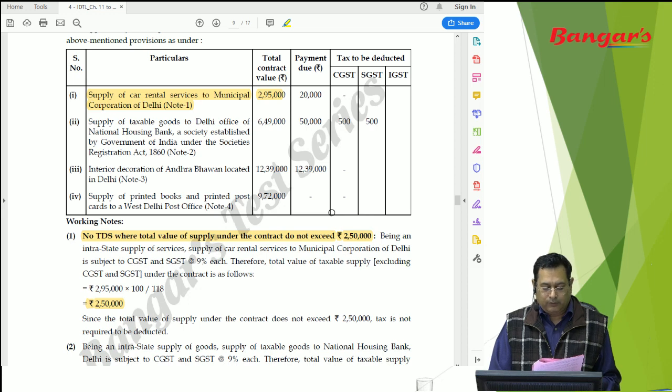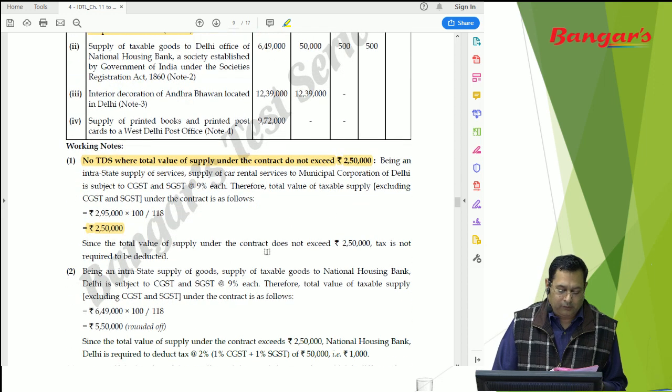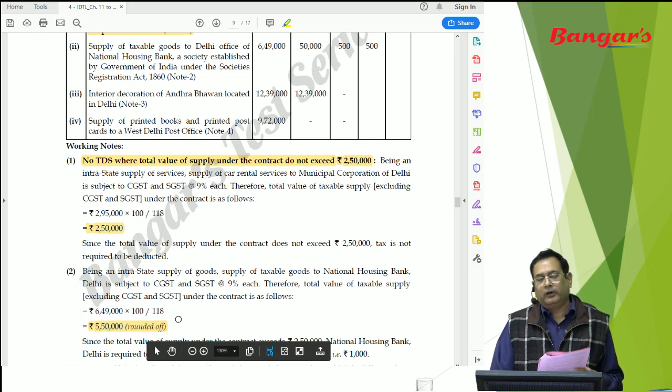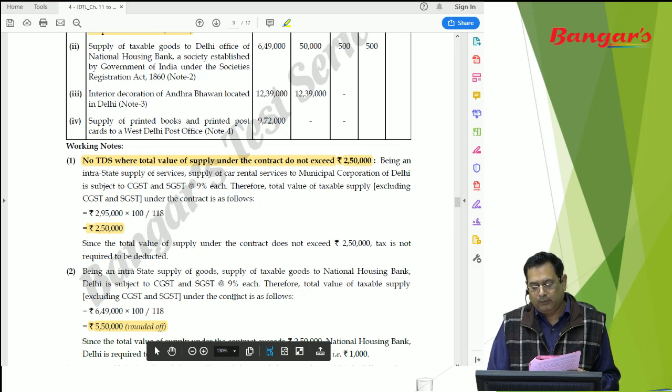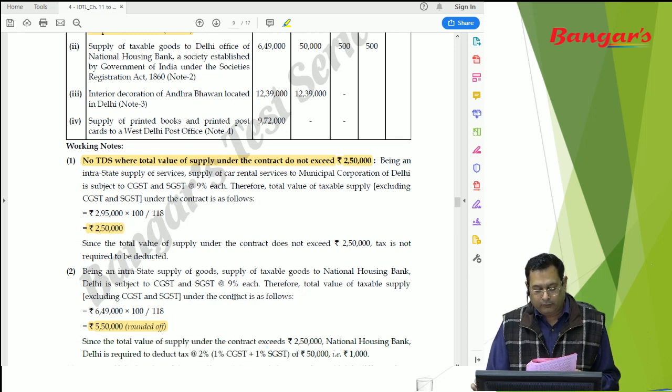And second was supply of taxable goods to the Delhi office of National Housing Bank, a society which has been established by the Government of India under the Societies Registration Act. The total contract value is 6,49,000. So basically, the total contract value excluding taxes is 5,50,000, which exceeds rupees 2,50,000. Therefore, there will be a liability to deduct tax at source.